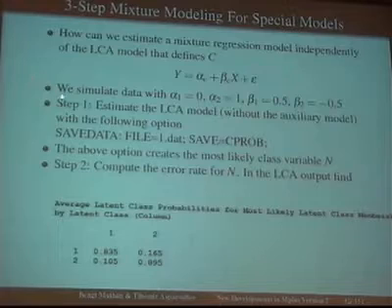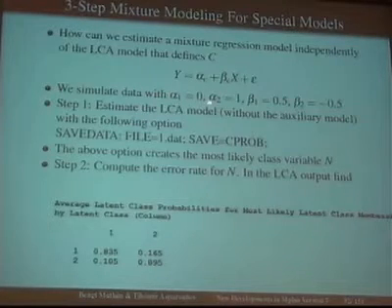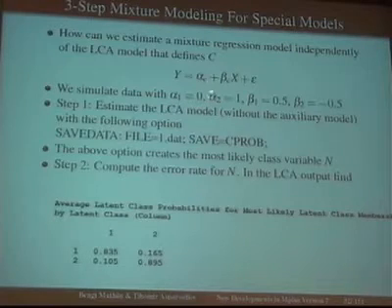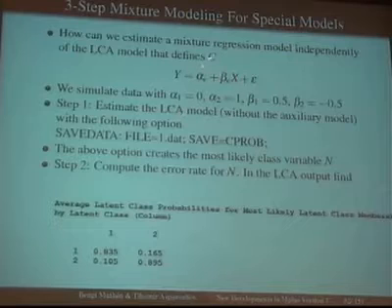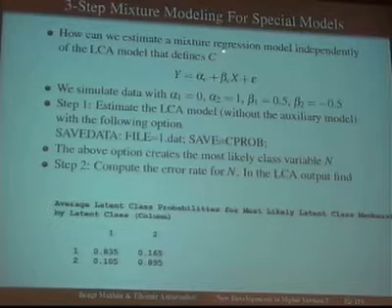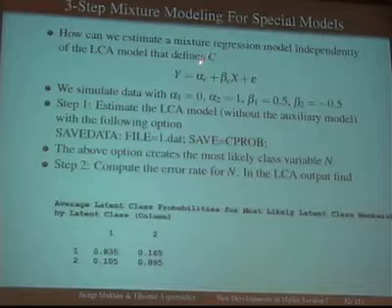We're going to use a simulated example where these are the parameter estimates we used to generate the data. Alpha 1 equals 0, the intercept in the second class is 1, beta 1 equals 0.5, and beta 2 equals minus 0.5. If you had the C variable measured perfectly with no error, that would essentially be a multiple group analysis.